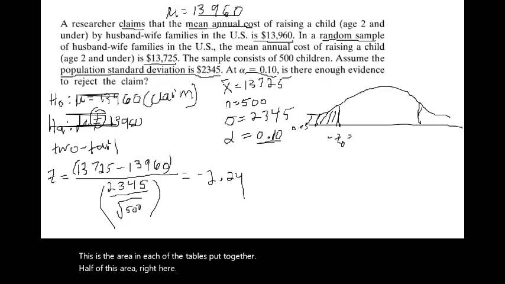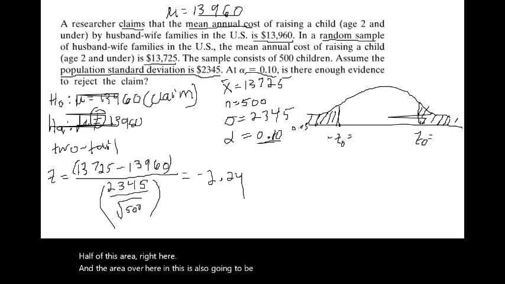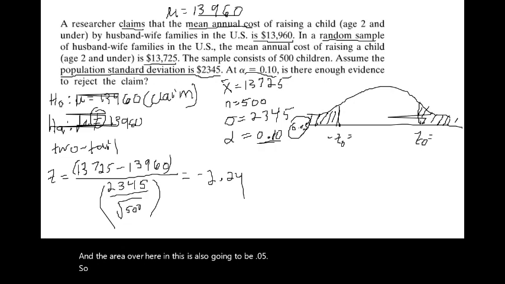And the area over here in this right tail is also going to be 0.05. The easiest critical value to look up is the negative one. So in the inverse standard normal table, we're going to look up half of our p-value, 0.05. When you look up 0.05, you get negative z naught equals negative 1.645. That means your positive z naught is positive 1.645.